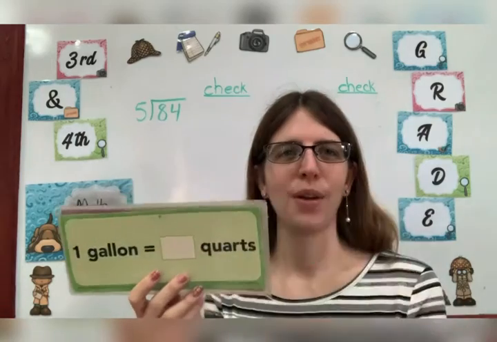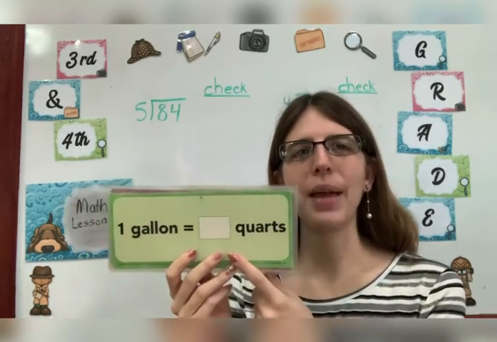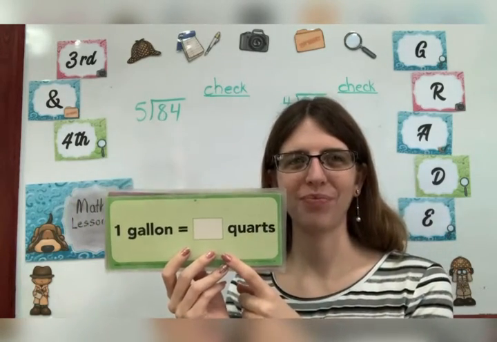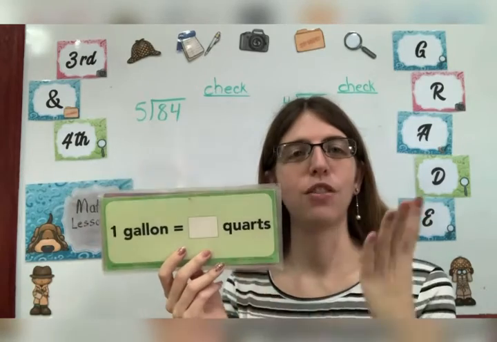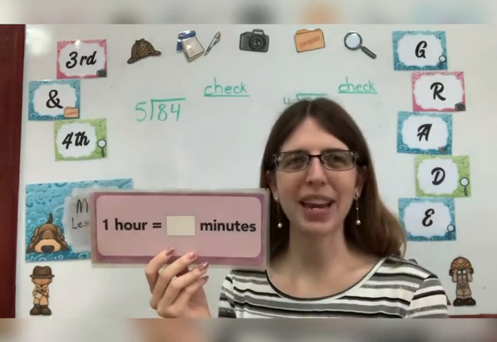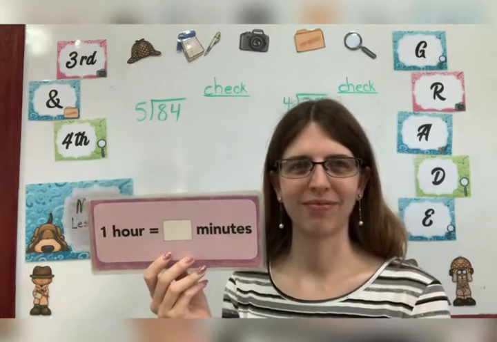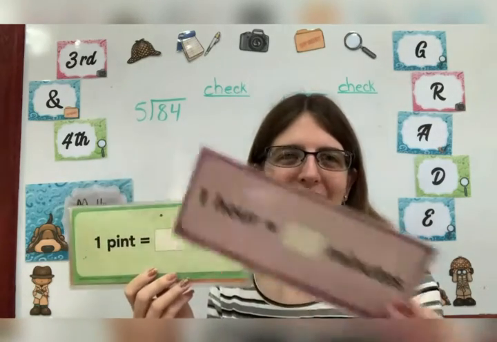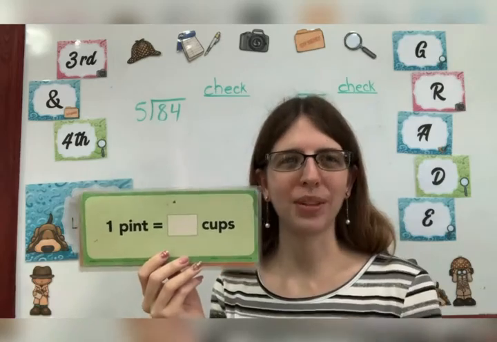Very good. 1 gallon equals how many quarts? 4 quarts. That's right. 1 hour equals how many minutes? 60 minutes. 1 pint equals how many cups?